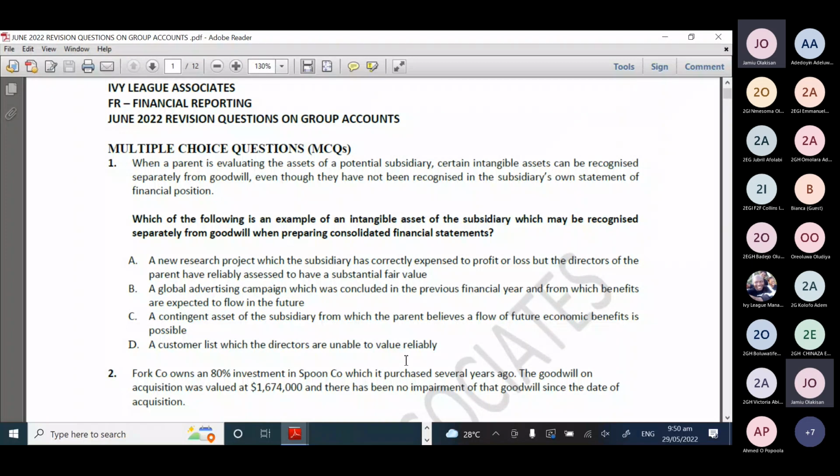A provision that meets the 3 criteria, you recognize it. That is number 1, right? Contingent liabilities, you disclose them unless the probability of outflow of economic resources is remote, in which case you don't disclose.